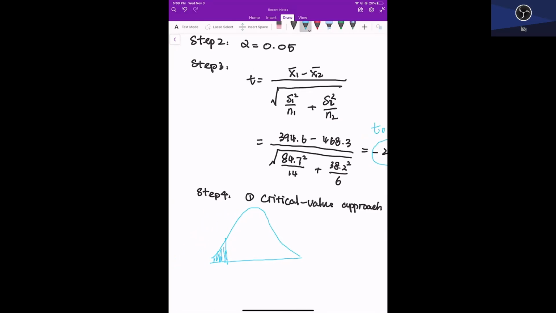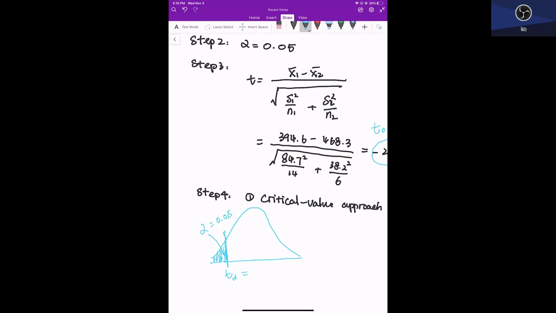What we will use is trying to find the critical value with the area under the curve on the left-hand side of our t-score being alpha, and alpha equivalent to 0.05.